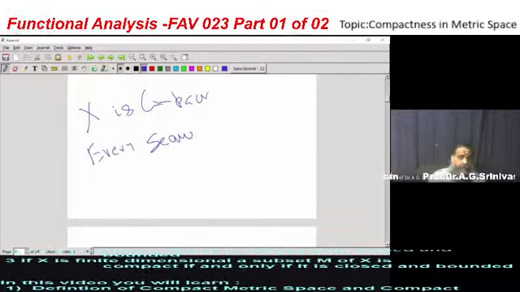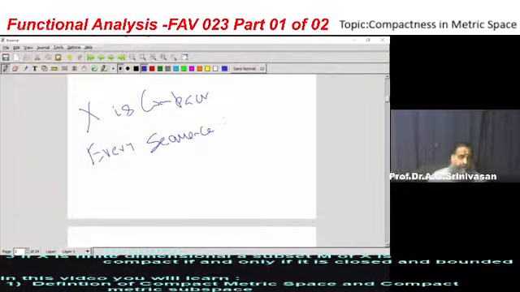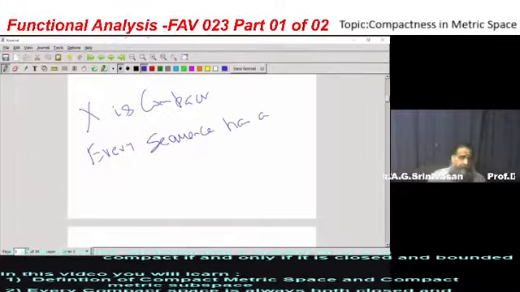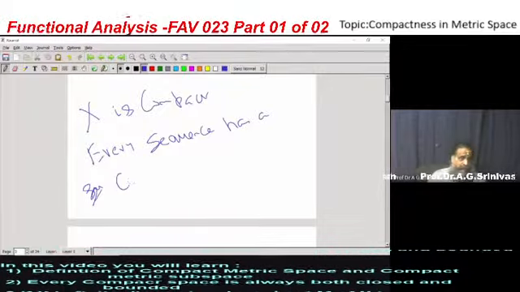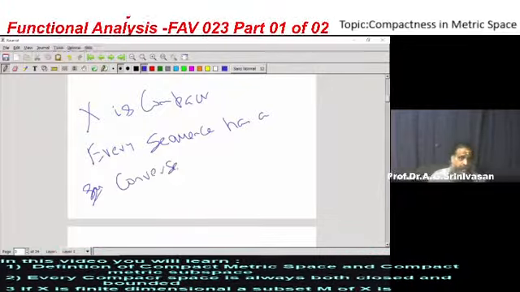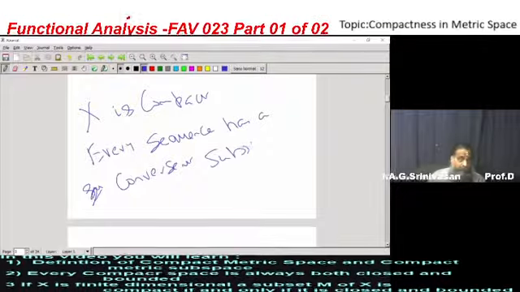Every sequence, the definition of compact we have discussed, every sequence has a convergent subsequence. Listen carefully.